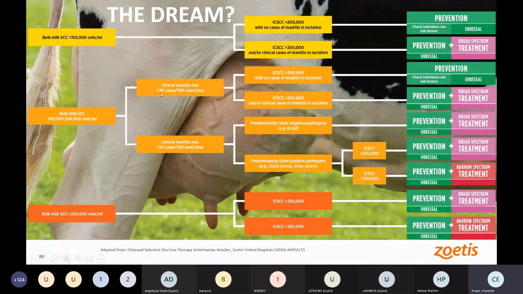They have individual cow somatic cell counts available, and from there they decide whether these animals will only receive an internal teat sealant, combination therapy with a broad spectrum antibiotic, or combination therapy with a narrow spectrum antibiotic.